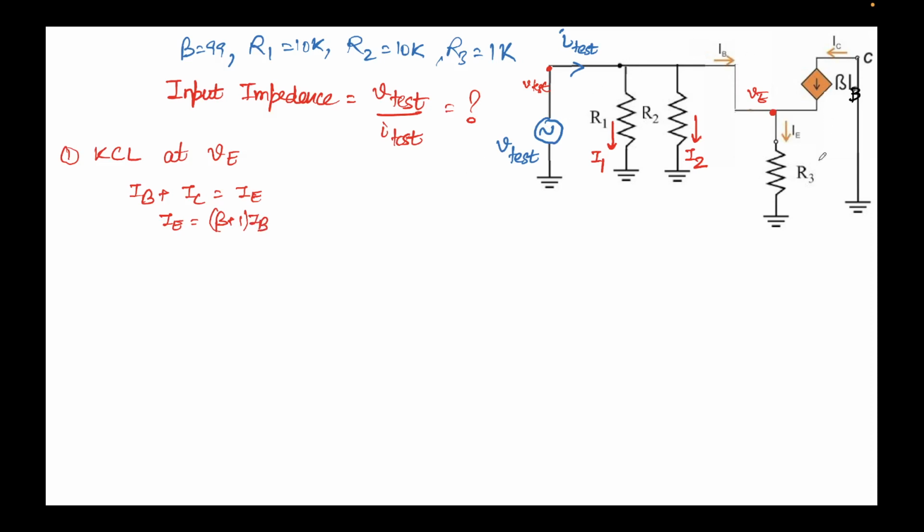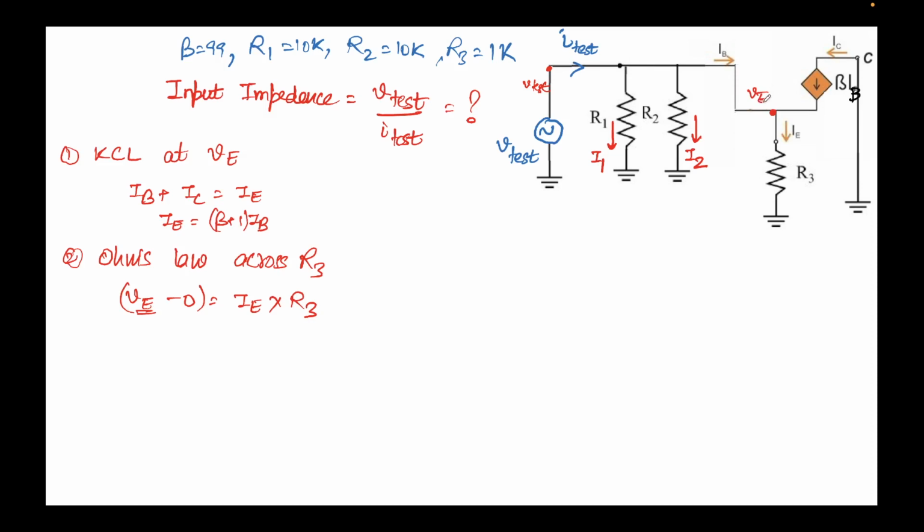And if I apply Ohm's law across R3, I'll write VE minus 0 is equal to IE times R3. Now I know the value of IE, and VE will be nothing but V test, noting that this over here is just a wire.